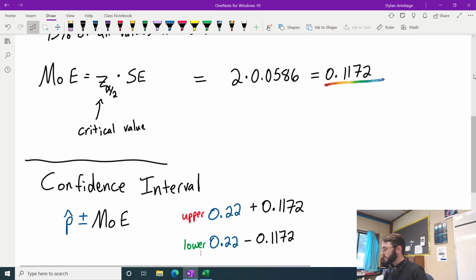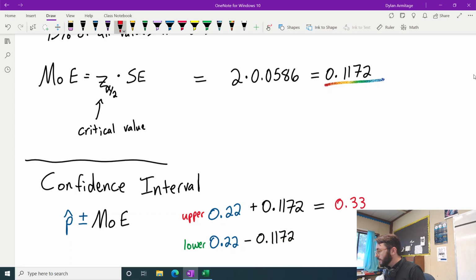Okay. So let's see here. Our upper value for our confidence interval will be 0.3372. And the lower bound for my confidence interval will be 0.1028.